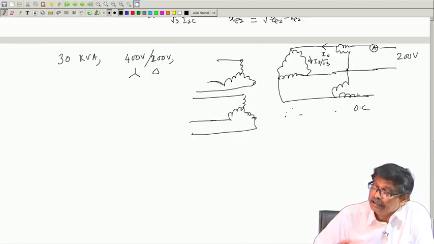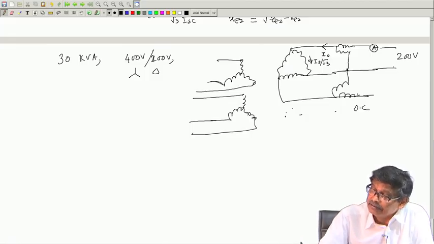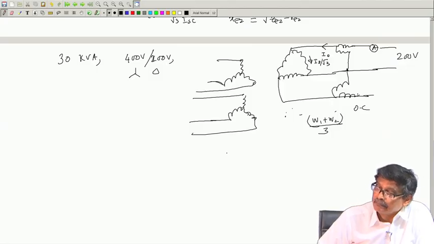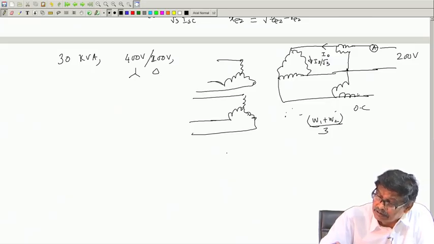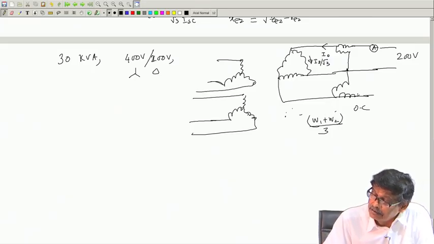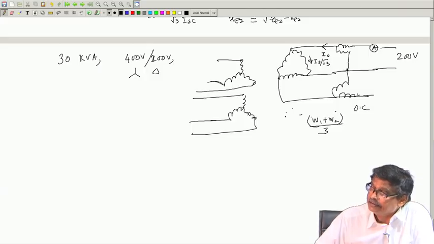Therefore, with this voltage and W1 plus W2 divided by 3, I will treat it as a single phase transformer, this is its primary, this one is the secondary, one of the coils, and the power absorbed by this is this one.